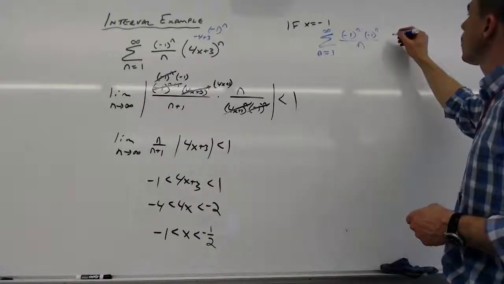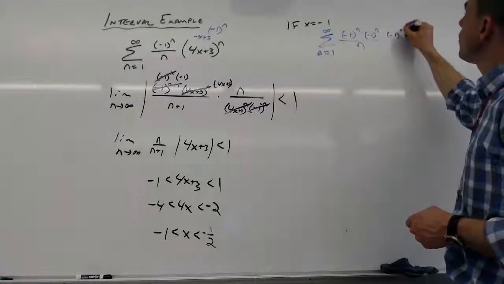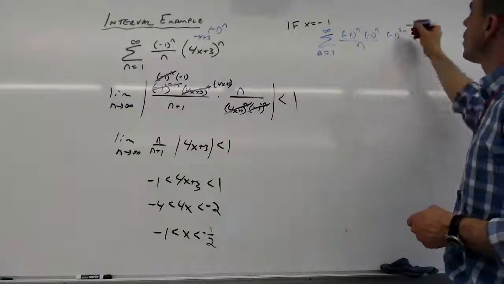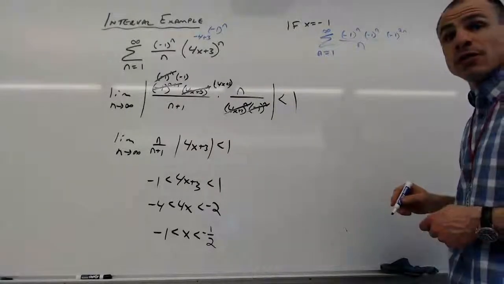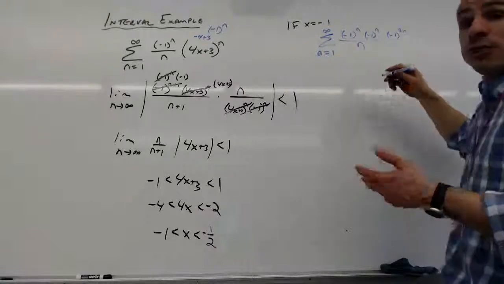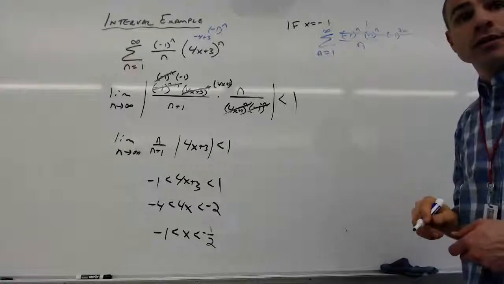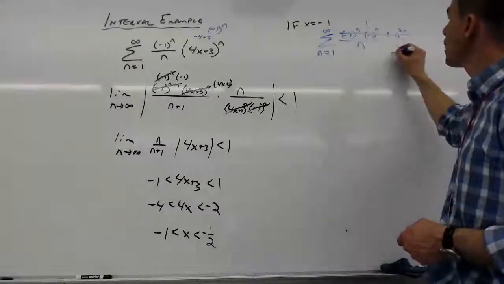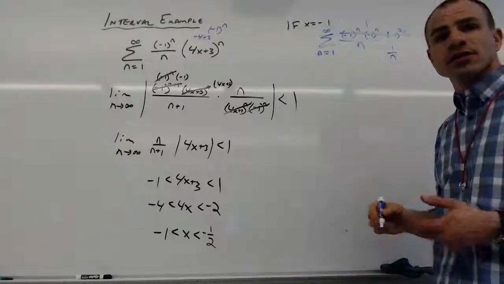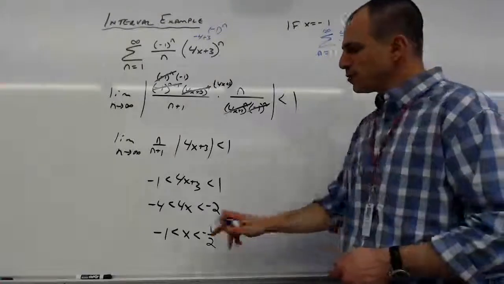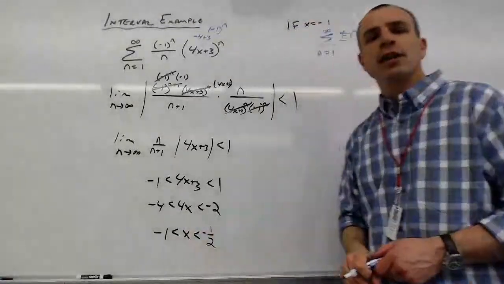So this is negative 1 to the 2nth, or negative 1 squared to the nth power. Negative 1 squared is 1. This all wipes out to a 1 right there. So we end up having 1 over n. That's the harmonic series. It diverges. So we're not going to include negative 1 in our interval.